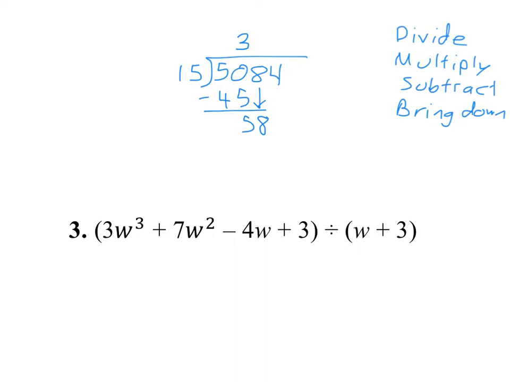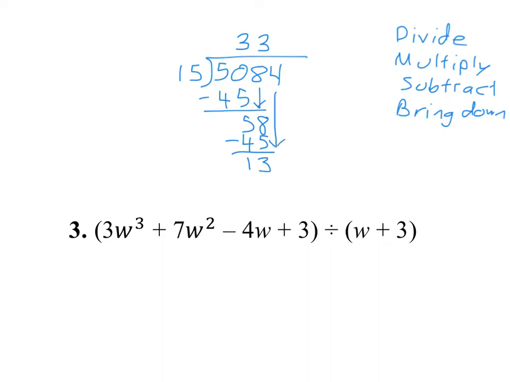Then you start over. 58 divided by 15, that is also 3. Then you multiply. Multiply the 3 you just wrote on top with the 15. You get 45. Then you subtract again. So 58 minus 45 is 13.